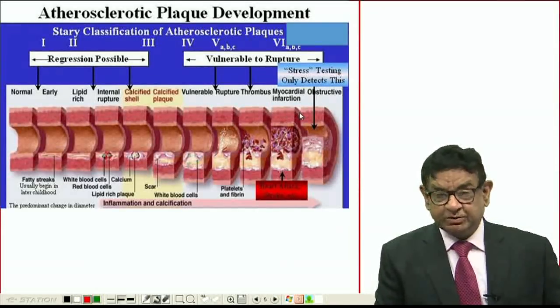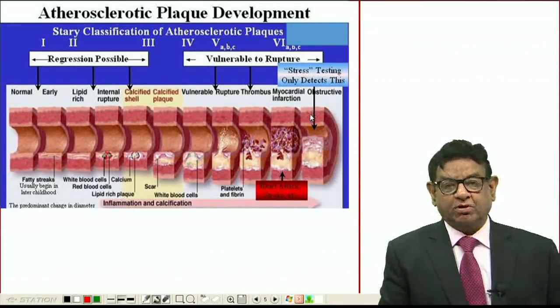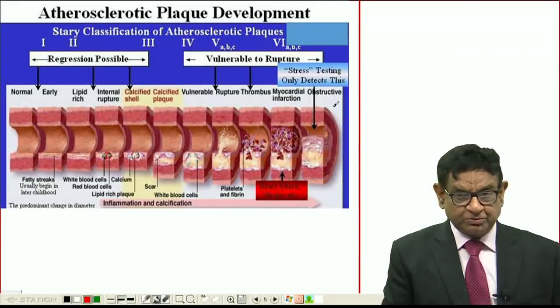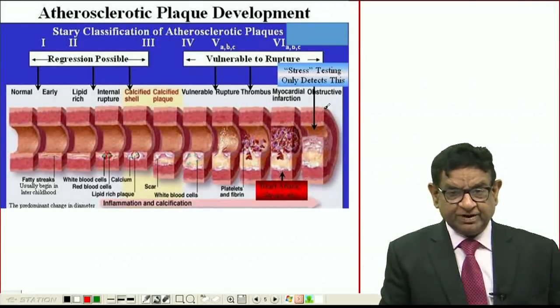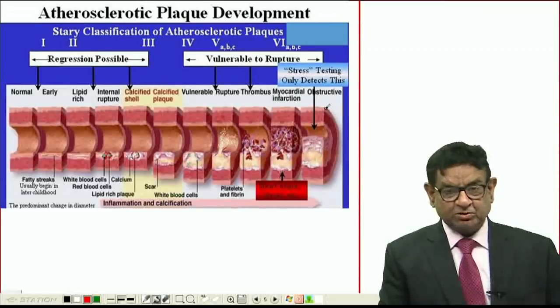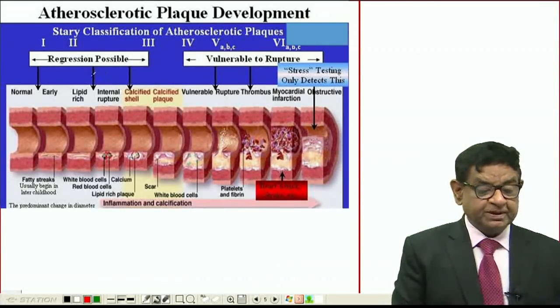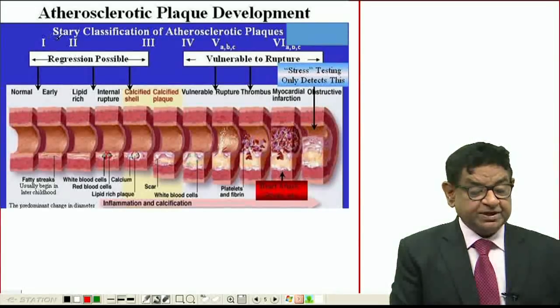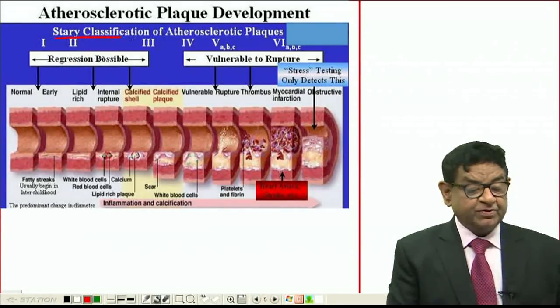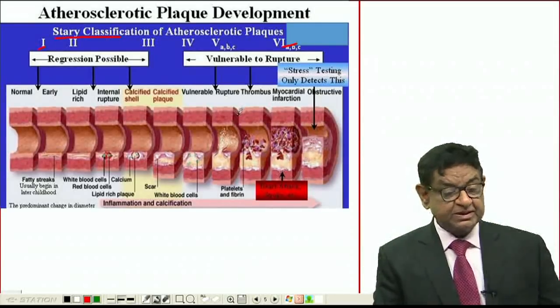Now, as I told you, the most important cause of coronary artery disease is atherosclerosis. So before we proceed further, let us learn the basic pathology of atherosclerotic plaque formation.